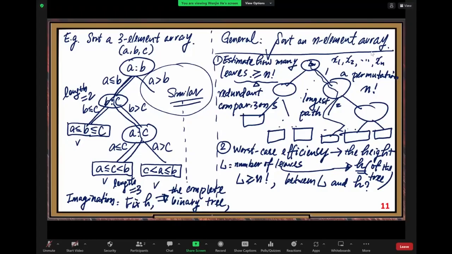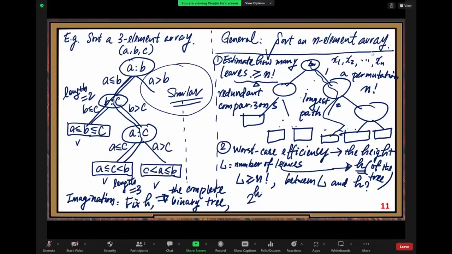But for a given height h, a complete binary tree with height h, how many leaf nodes? 2 to the n. Yeah, it's a power of 2.